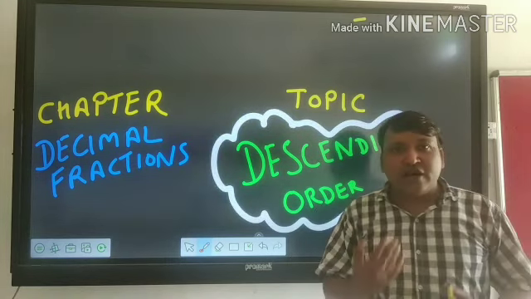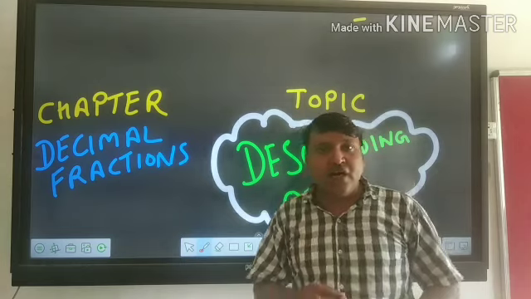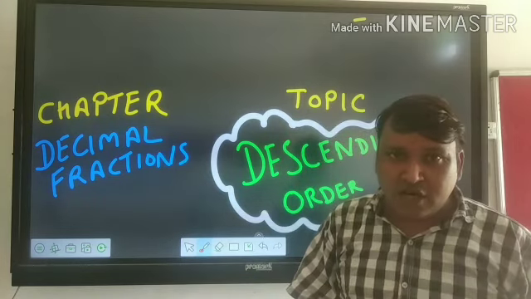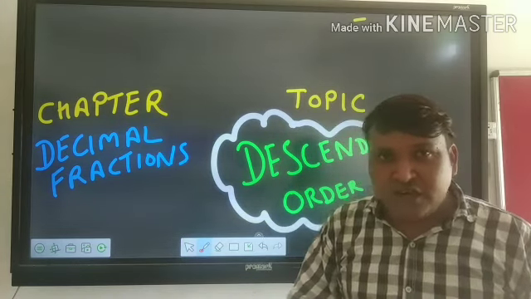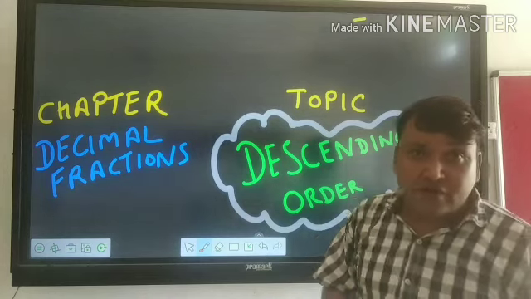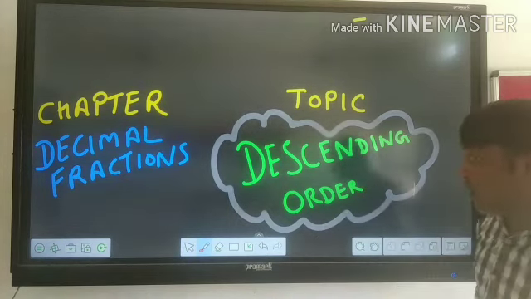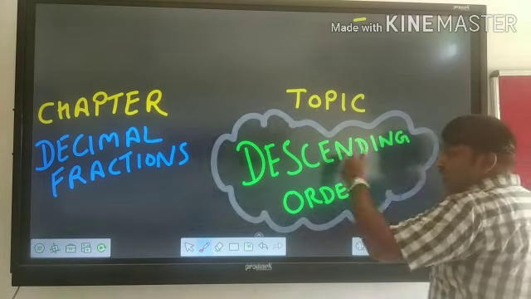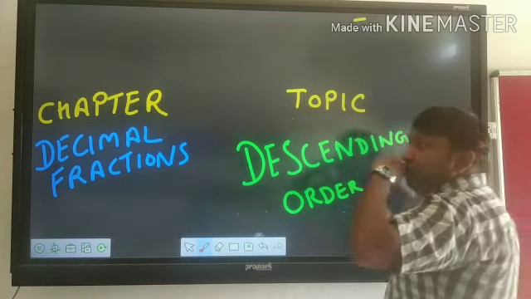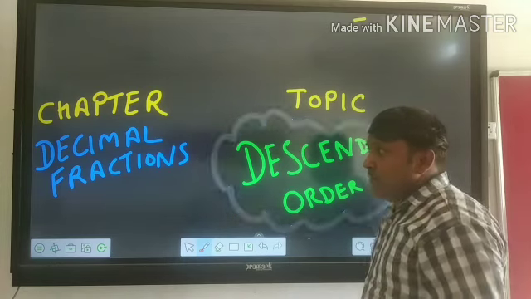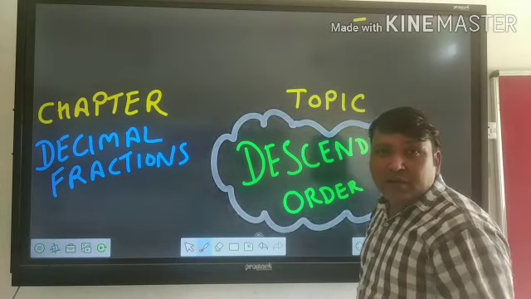So student, how we have to write the decimal numbers in descending order, we shall learn in the second footage of our video. So don't skip any part of this to get 100% concept clarity over this topic, descending order over the decimal numbers.